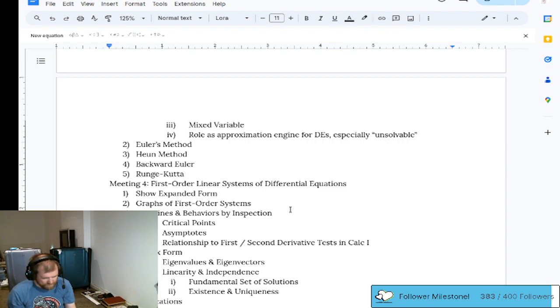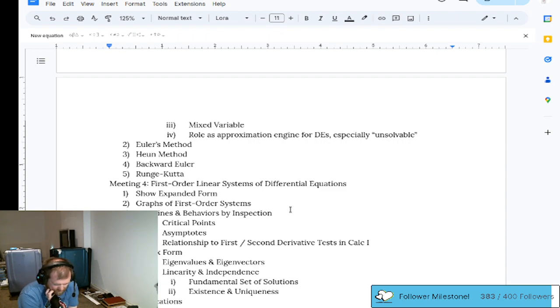This is also interesting. It puts theory of solutions under linear differential equations.